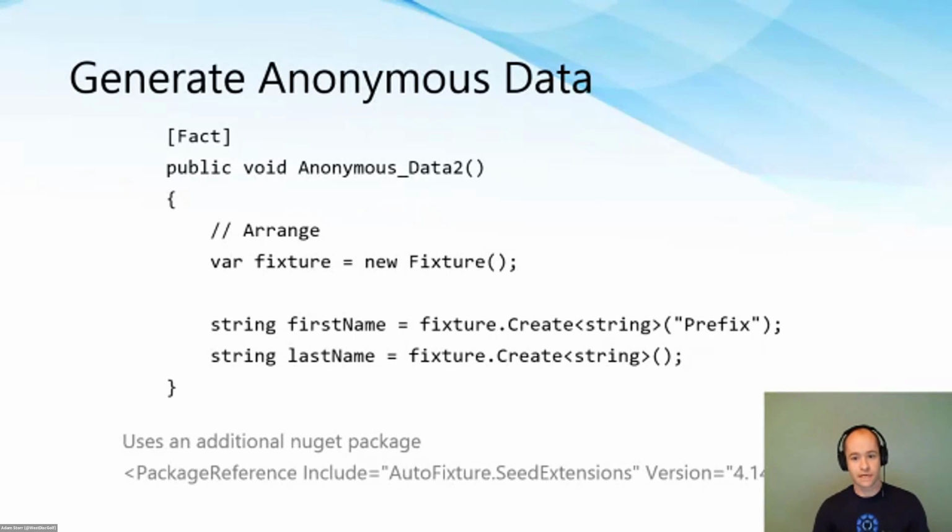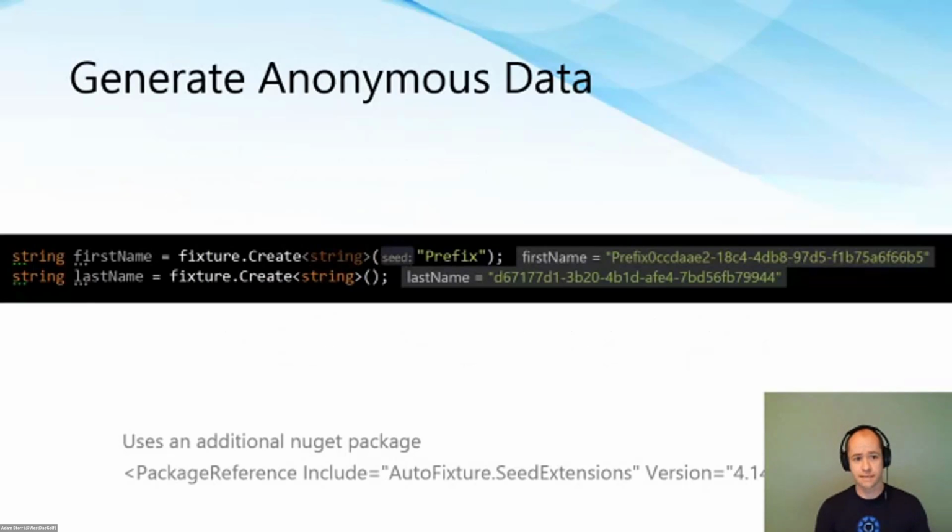So the string value actually starts off with the word prefix. And as you can see in this example, I've debugged through a test, and the first name has a prefix and then a GUID value, whereas the last name is still just a random GUID. And that makes it a lot easier to see in error messages when your test fails, to be able to see what's going on.